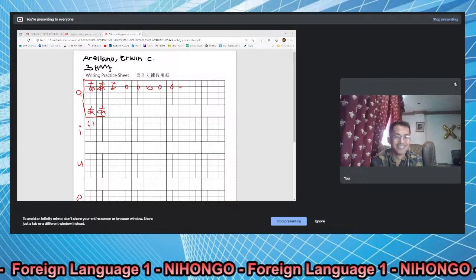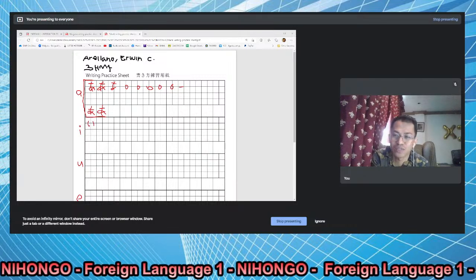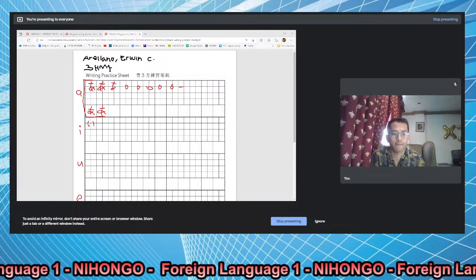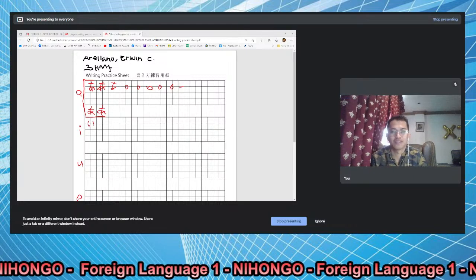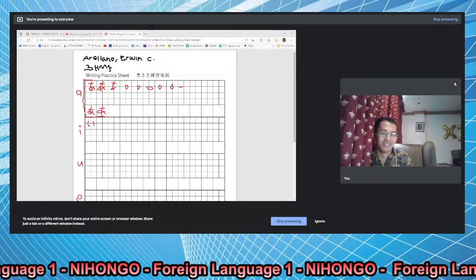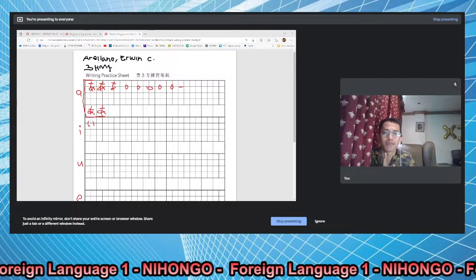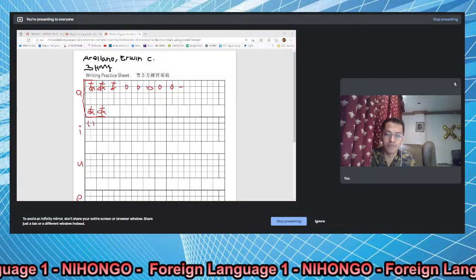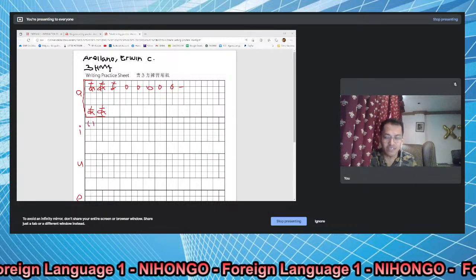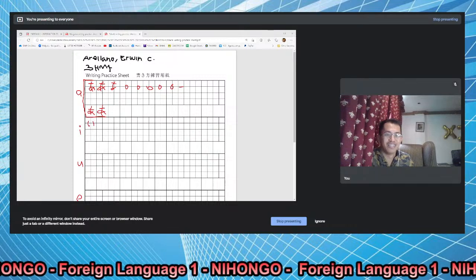Ayaw nyo ba? Ayaw nyo bang isama ko yung 1 to 100? Sige, gawin na lang nating recitation yung 1 to 100. Gusto nyo 1 to 100 yung recitation na numbers? Ayaw. Bakit ayaw nyo? Sige, ganito. Hindi ko na isasama yung Japanese numerals na 1 to 100 sa prelim exam. Gagawin ko na lang siyang recitation ninyo para mas masaya. Di ba? Nakakabulol.